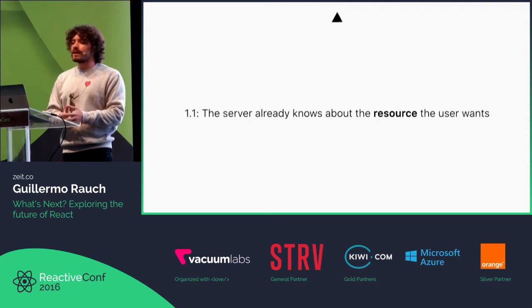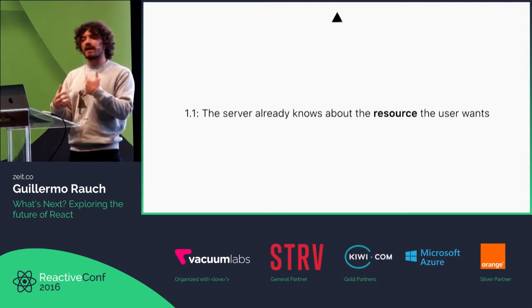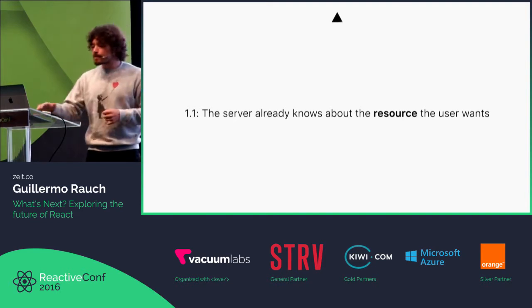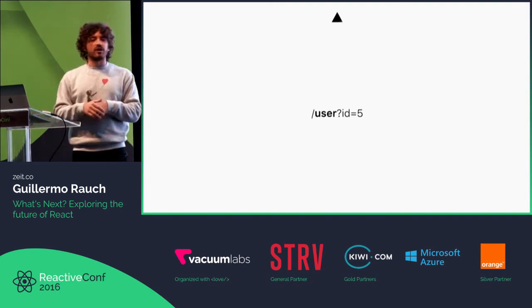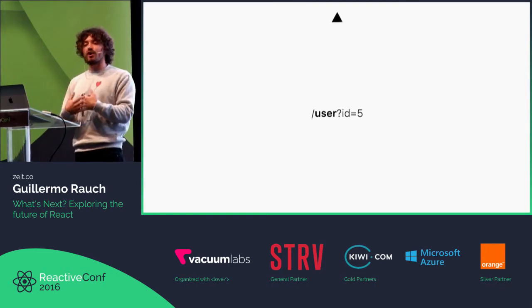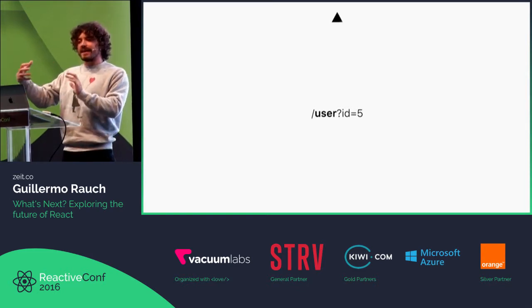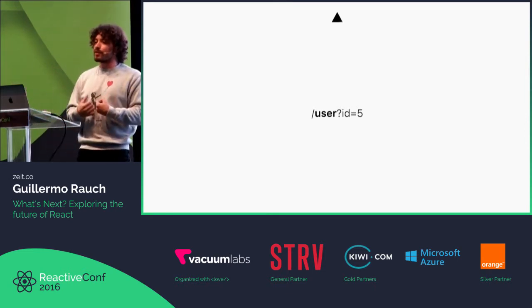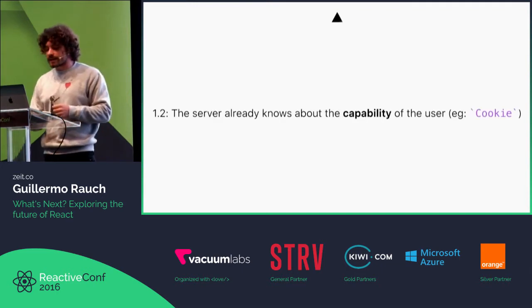So the first one is this life cycle of the interaction between the user and the server starts with a URL. For example, you go to a page called /user and you pass it an ID. Therefore, the server already knows what the user is interested in, so the server can perform a lot of optimizations to, for example, prefetch that data and respond with it directly.